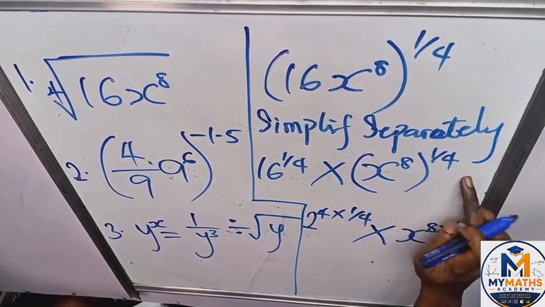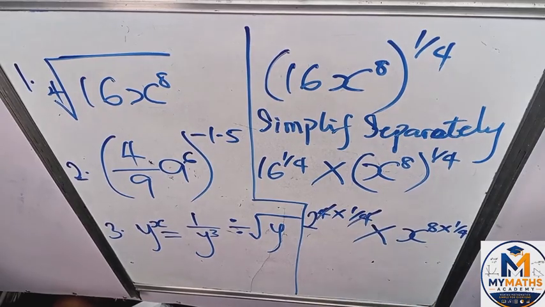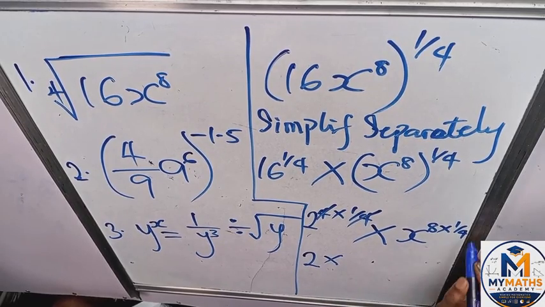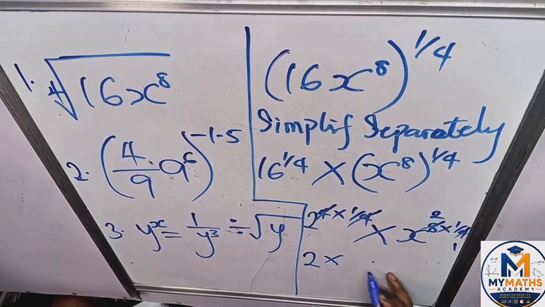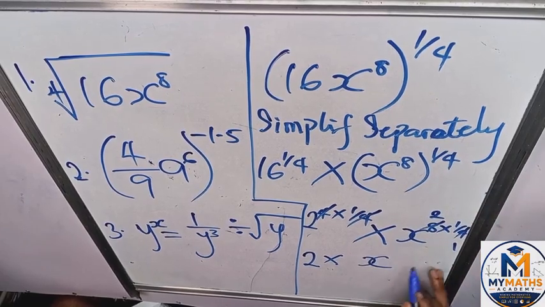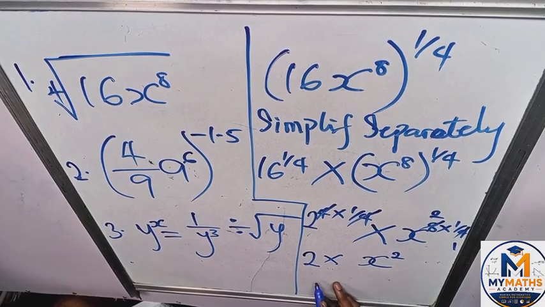So this 4 will cancel this 4, then it's going to be 2 times 1 here. 4 cancel 8 is going to be 2. So it's going to be times x raised to power 2. Are we clear? Bring them together, multiply them together, it is going to be 2x raised to power 2. This is our final answer.